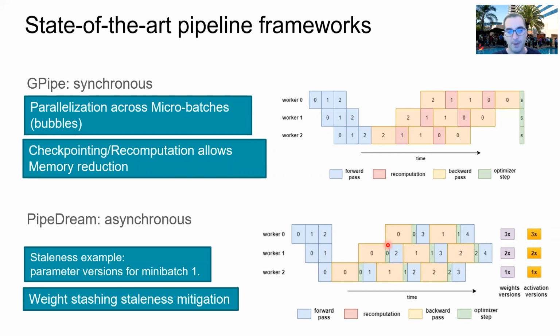To accommodate, PipeDream uses weight stashing, a staleness mitigation technique, which stores the parameter version that worker 1 uses during the forward pass, and restores it during the backward computation.